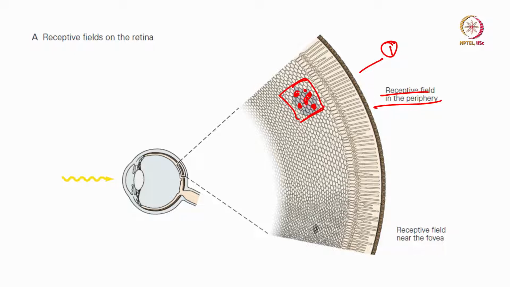So, you can say that there are about 100 cells over here, and that leads to one ganglion cell which is activated. Whereas, when we look at the fovea, you have very small, see here actually it is a hexagon. So, one positive which is surrounded by 6 negatives, one positive 6 negative cell, and that goes to one ganglion cell.